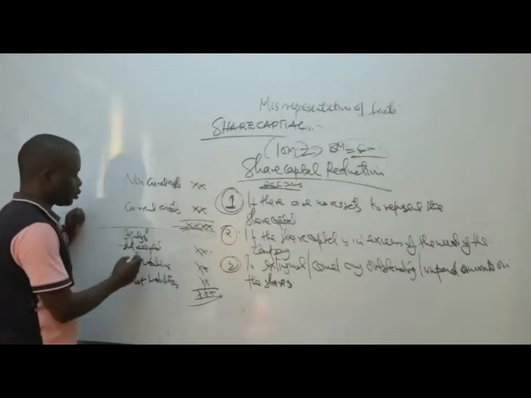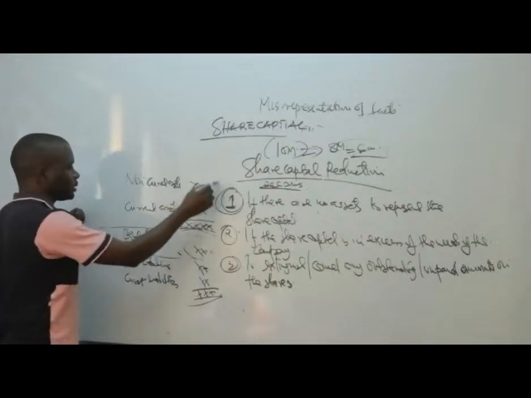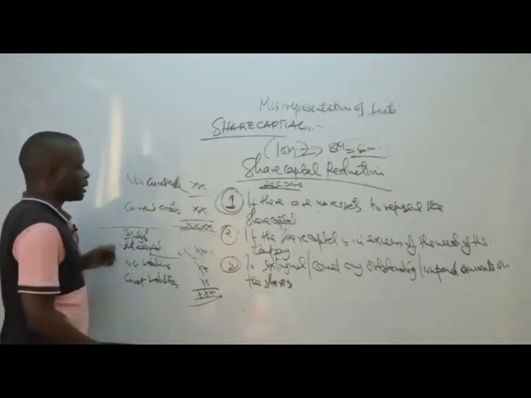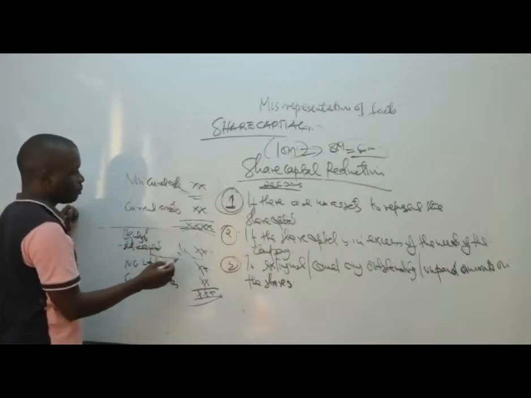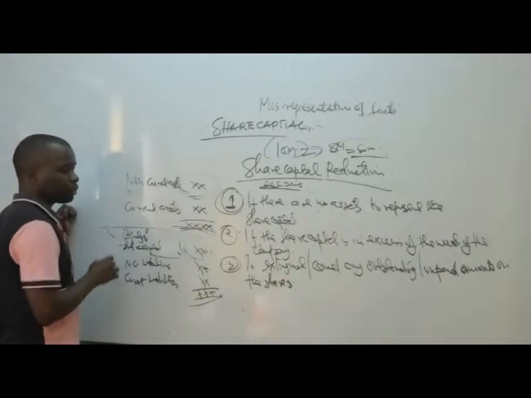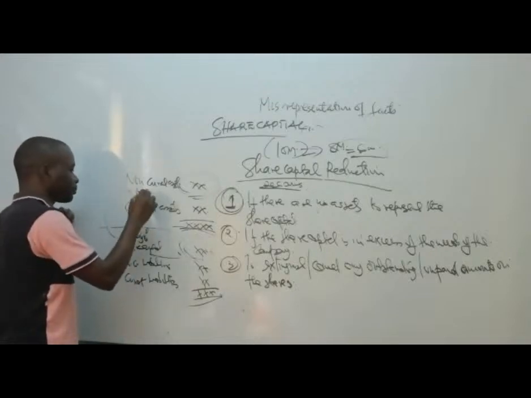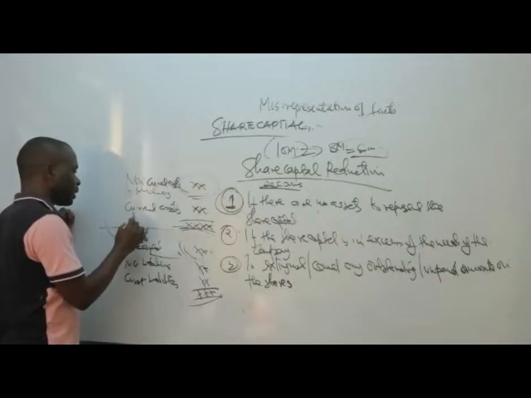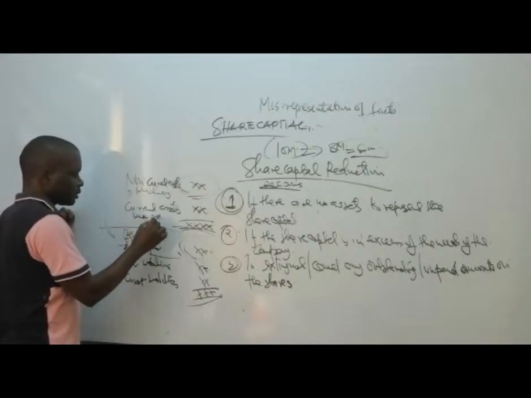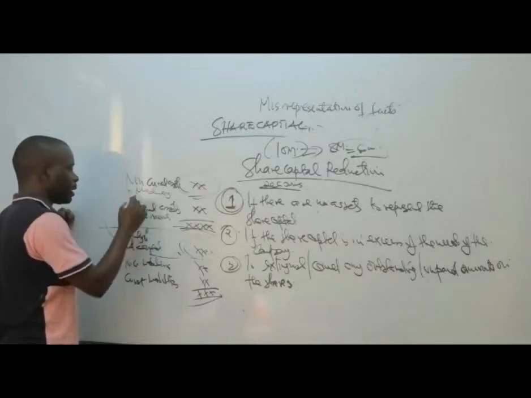So this share capital is normally represented by assets on the other side. It is represented by assets on the other side because when you raise share capital, you simply invest in assets. For example, you'll buy machineries. You'll put some of the amount in the bank accounts. You'll buy buildings.